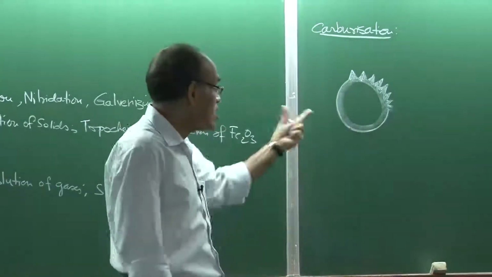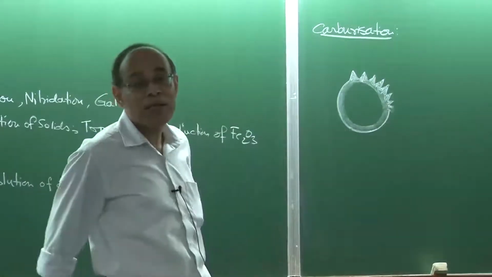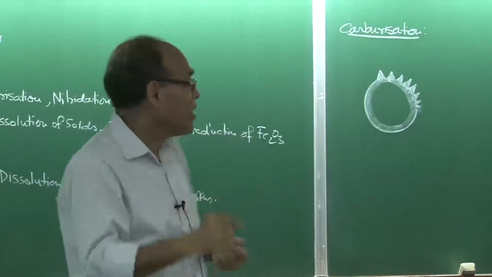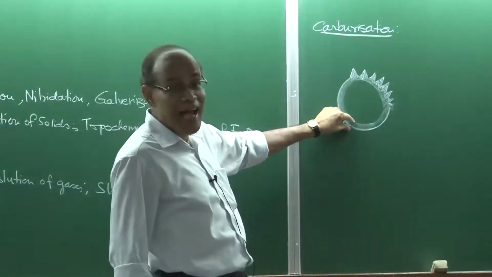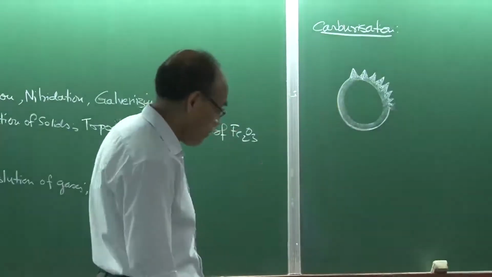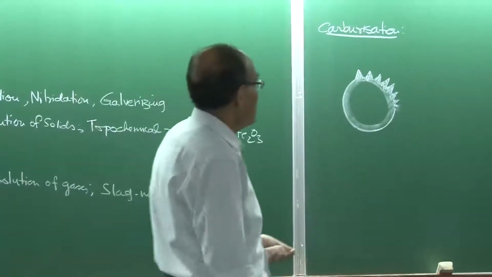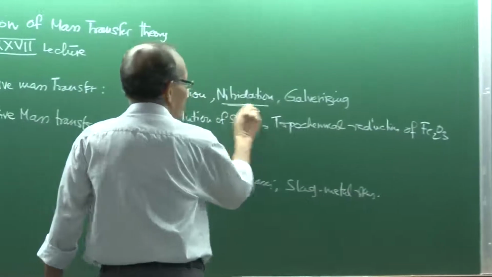And now the task is that if I put this sample in a carburization mixture in a furnace at a temperature, after what time should I take out the sample so that exactly the same case depth has been obtained as has been desired. So that is the problem. And similarly, I am going to simultaneously talk about the nitridation.